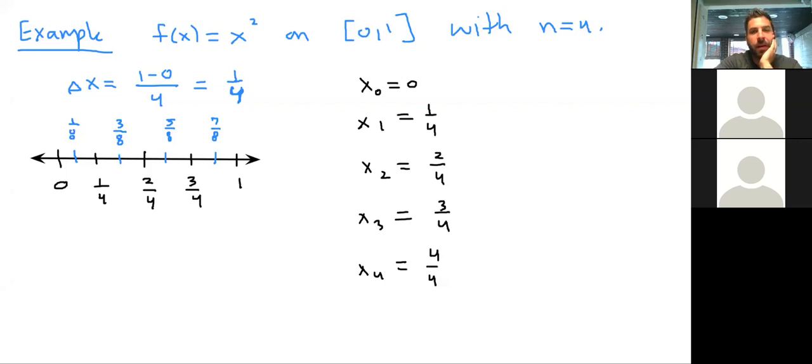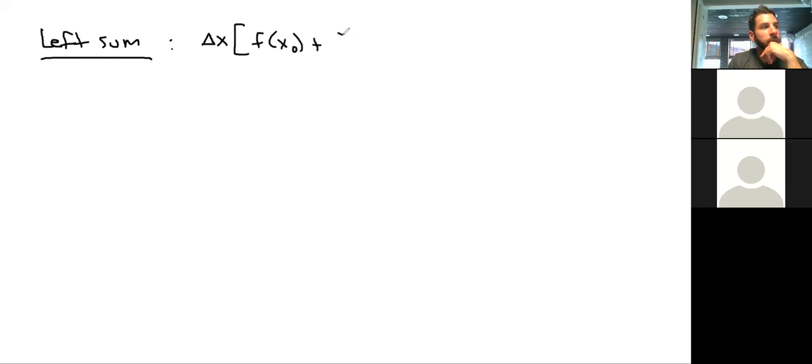All right, so let's go to the next page. So we can write these out. And I'm not real concerned with finding out what they are, although we did this last week. So what's the left sum? The left sum is delta x times f evaluated at x sub 0 plus f evaluated at x sub 1 plus f evaluated at x sub 2 plus f evaluated at x sub 3.